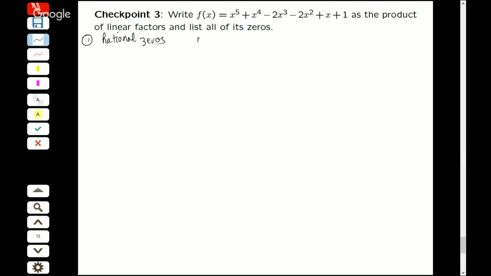What are the P's? P is plus or minus 1, and Q's. So what is P over Q? How much synthetic division are you going to have to do? Not that much. You only have 2 things to check. I give you nice ones. Okay, so synthetic division.